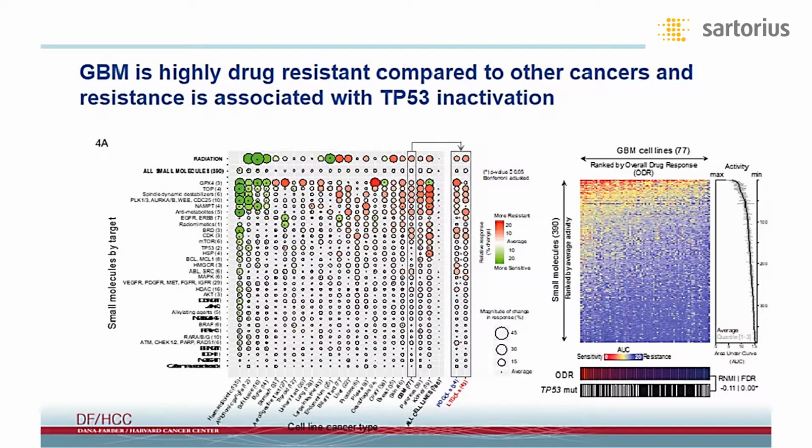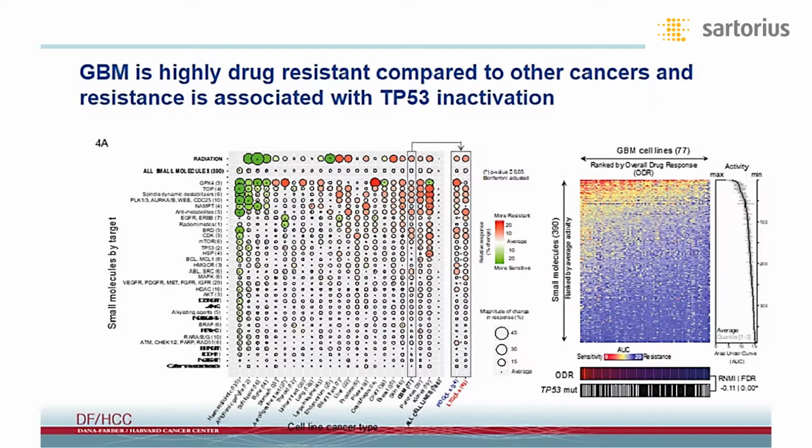And what you can see is that GBM is objectively more resistant, shown by red bubbles, to agents overall than the other cancer types. The most sensitive types are hematologic malignancies, shown on the far left, with many different green dots.